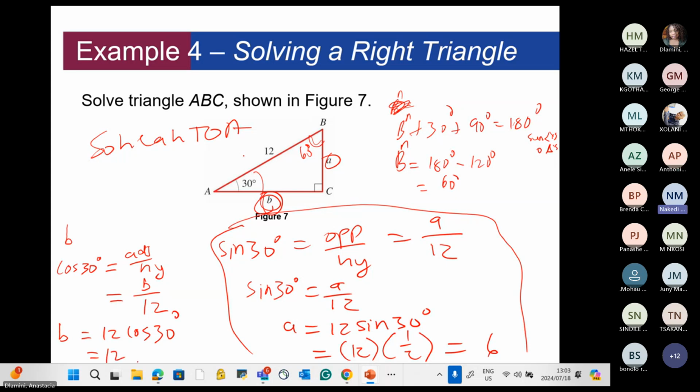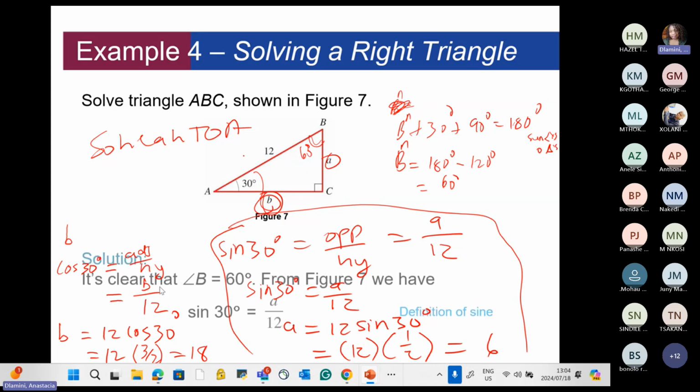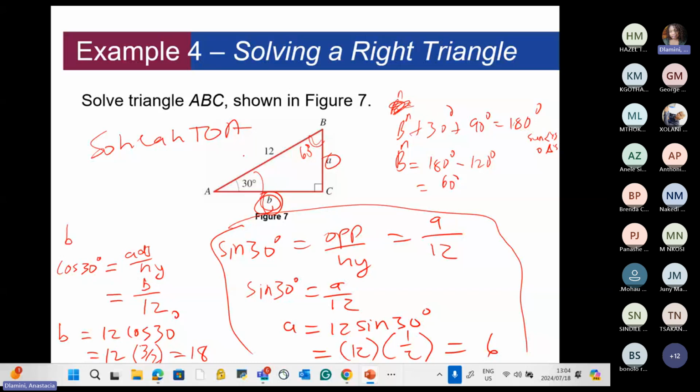Root 3 over 2. Yes, thank you, root 3 over 2. So meaning that this will be equal to 6 root 3.